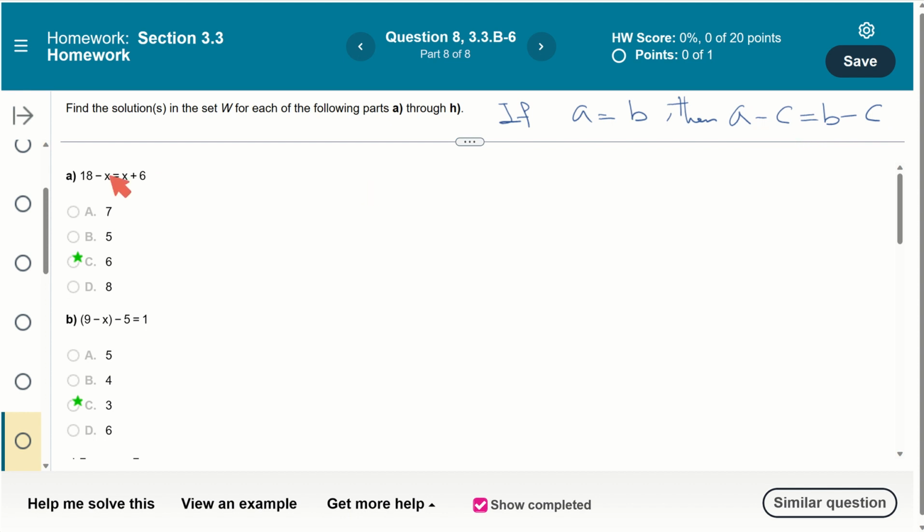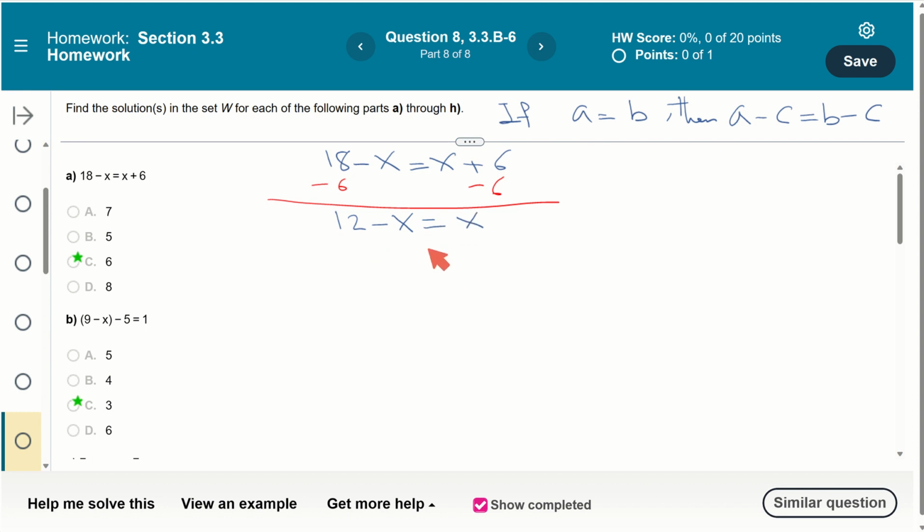Now, if we think of this in that constant context, one thing we can do is go ahead and subtract 6 from both sides and end up with the new equation, which is equivalent to the previous equation. 12 minus x equals x.